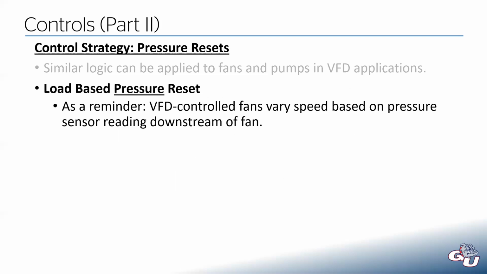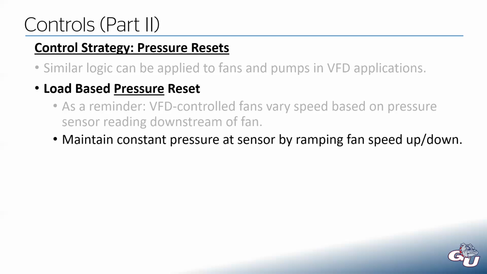They vary their speed based on a pressure sensor that's downstream of the fan somewhere in the ductwork. Or if it's a pump, it'll be a pressure sensor in the piping, but it's looking at that pressure sensor and trying to maintain a constant pressure at that point, wherever that sensor is, by ramping the fan speed up and down.